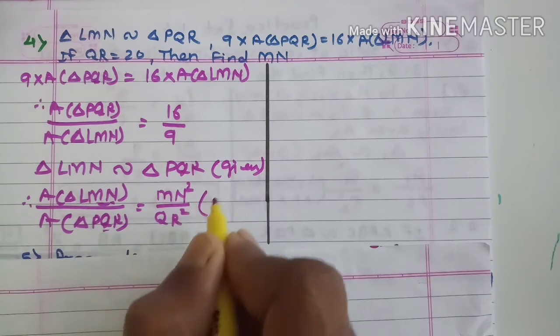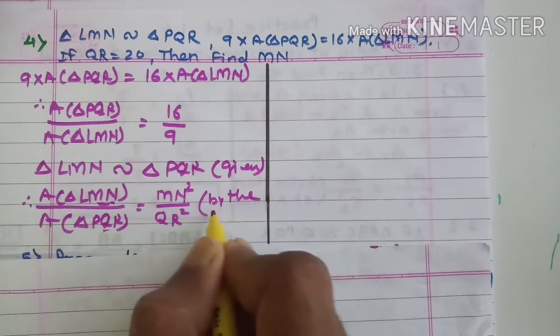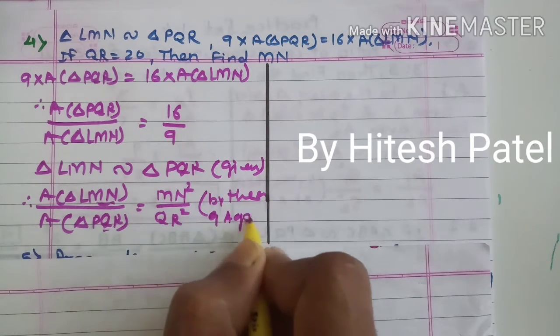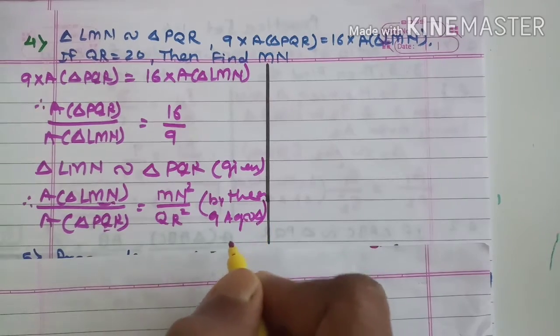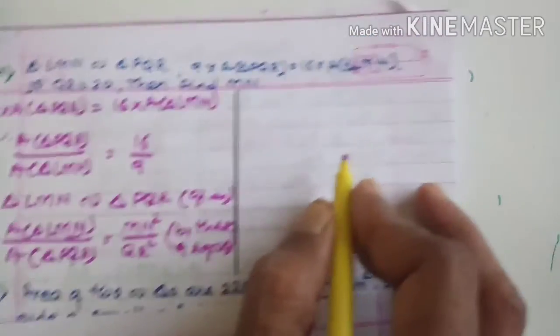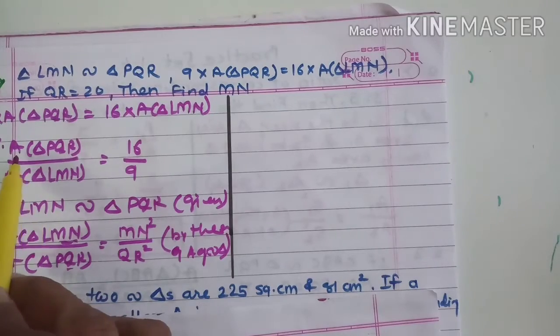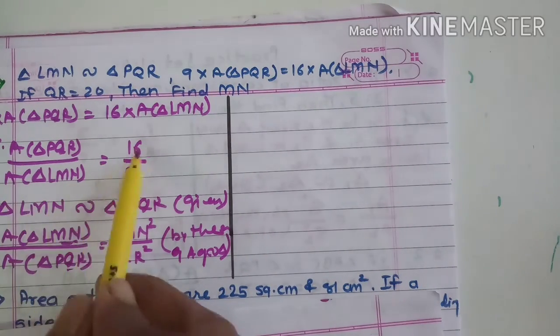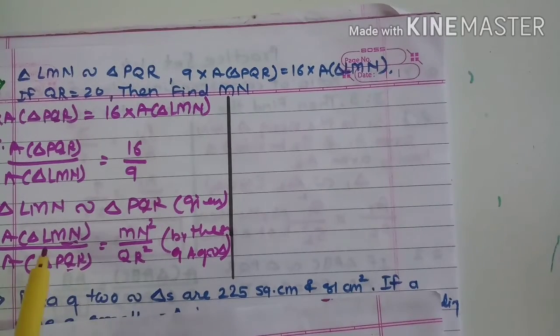So here by the theorem of area of similar triangles, we have area of triangle PQR upon area of triangle LMN equal to 16 upon 9, and here we have LMN in the numerator and PQR in the denominator.